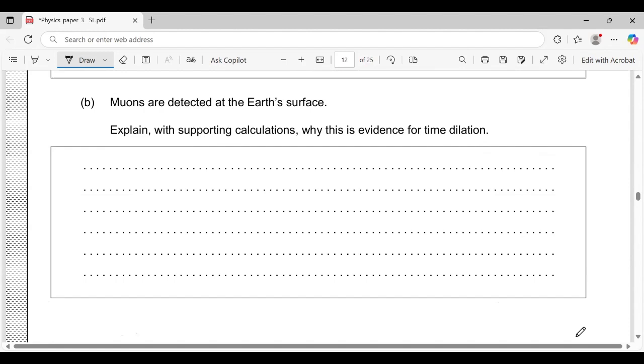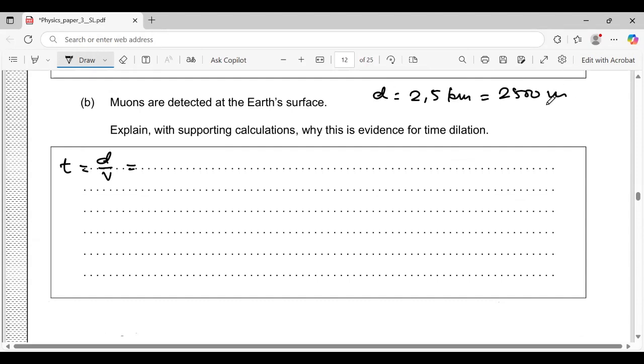To calculate the time taken to reach the Earth as measured in the Earth frame, we need to use this formula: T equals D over V. The distance is 2.5 kilometers, which becomes 2,500 meters.